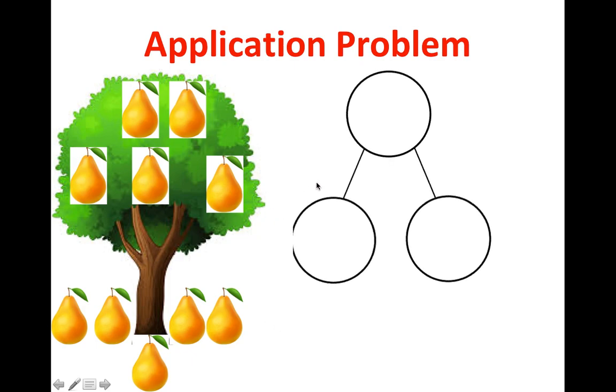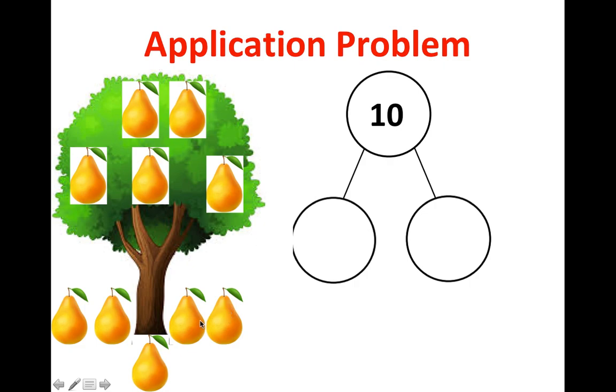So first things first, I know that this is my whole and the 2 parts. Let's count how many pears I have all together first. I have 1, 2, 3, 4, 5, 6, 7, 8, 9, 10. I have 10 pears all together. That's great. Now let's go one step further and see how many of them are on the floor.